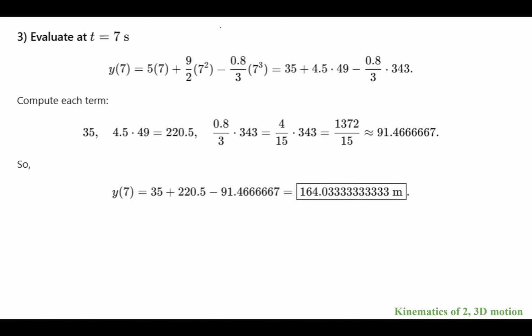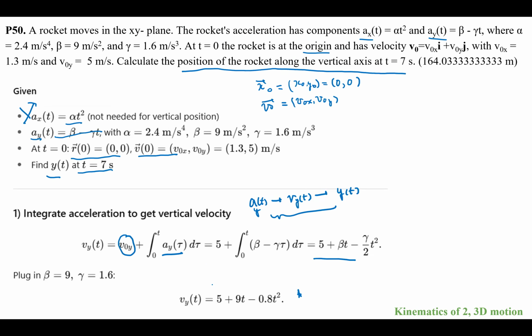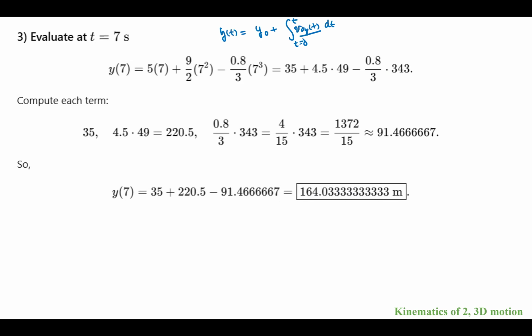And then from vy(t) we get y(t). I just skipped. So y(t) is y0 plus the integral of vy dt, t equal to 0 to t. Okay. And then we know what the vy is here. I'm sorry, not the v0y, it's the vy.